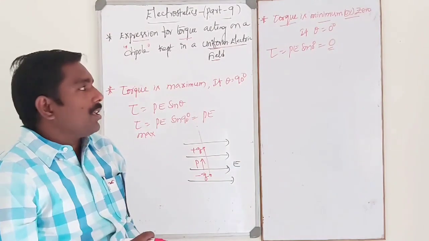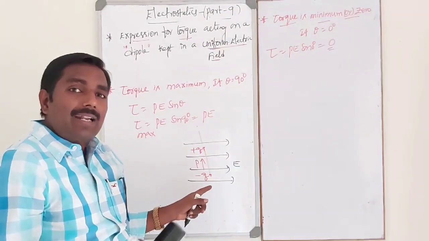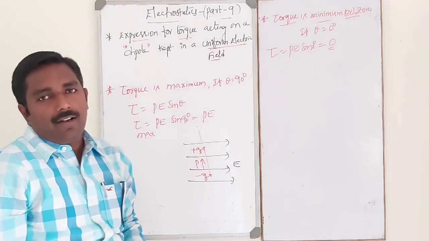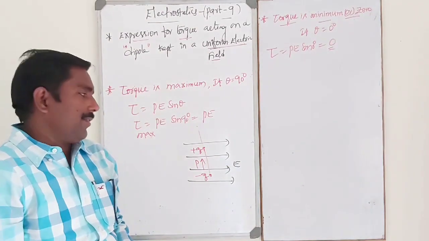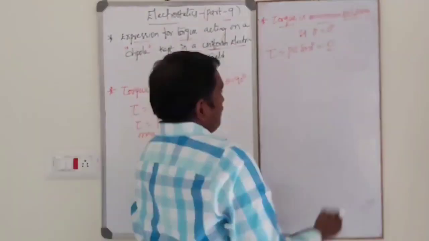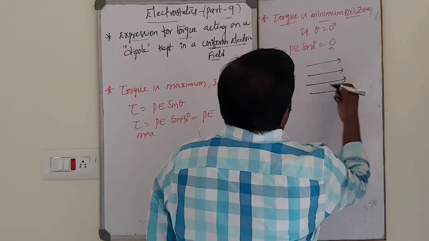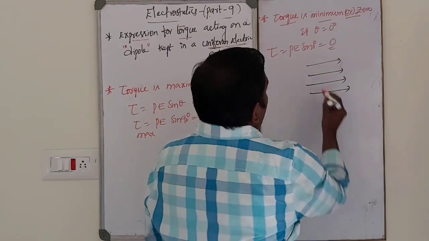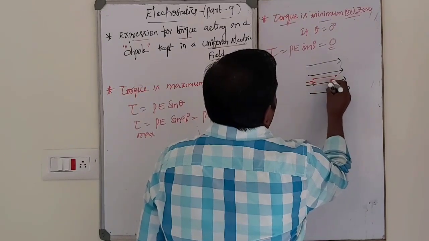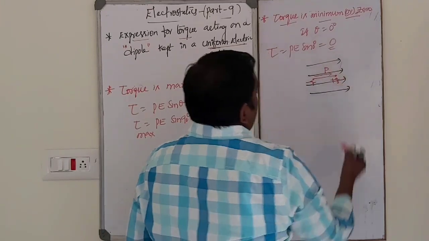In this case, the direction of dipole moment is parallel to the electric field. See, this is the electric field direction. This is the dipole, minus Q plus Q. This is the dipole moment direction.